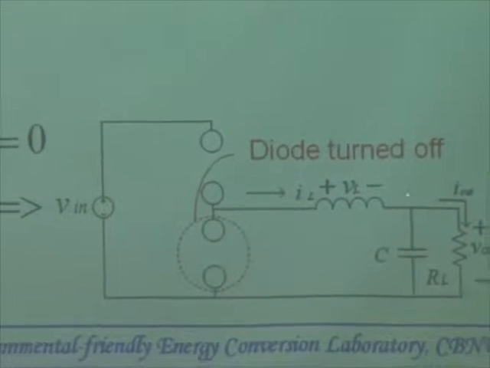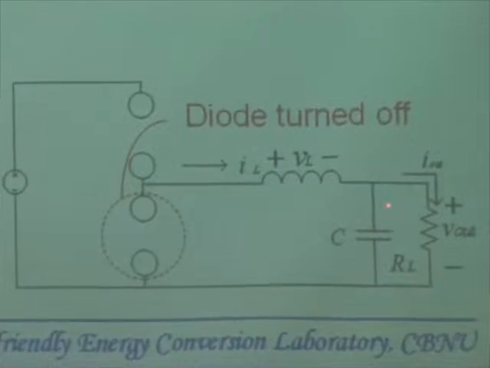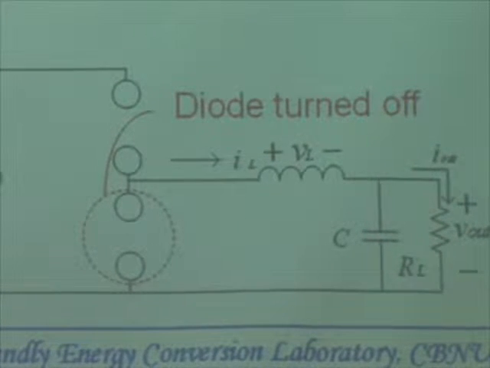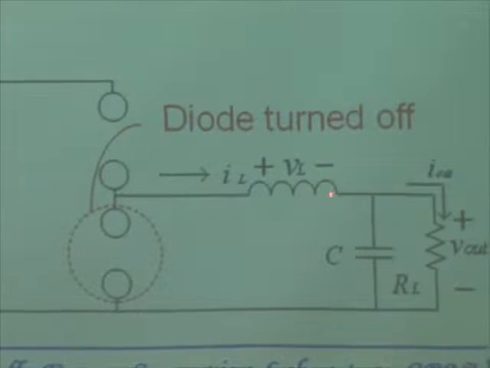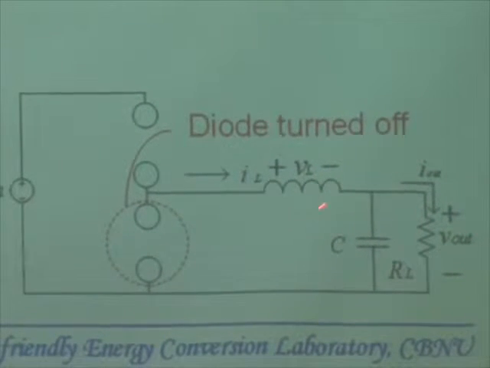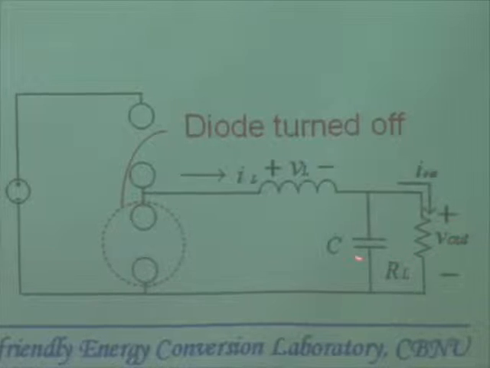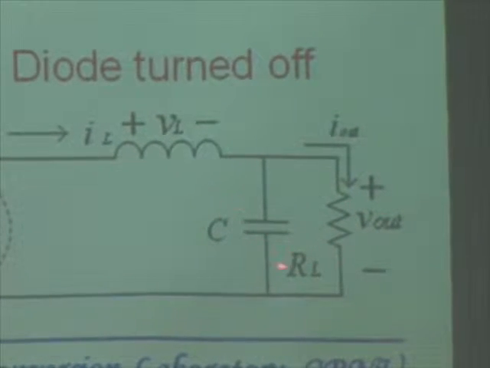So then, during this state, capacitor is discharging to supply the current, right? Please take a look at this. If this is off, then whole circuit is disconnected from this. So the only possible source of the load current is this capacitor. So this capacitor discharges to maintain the load current.